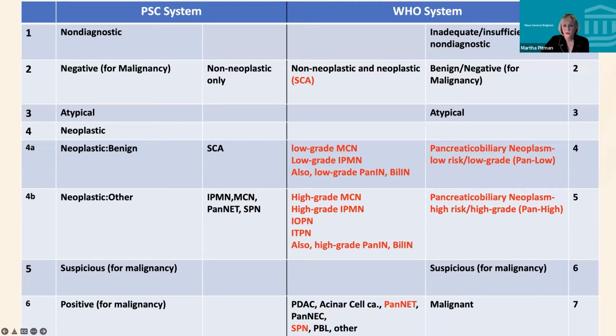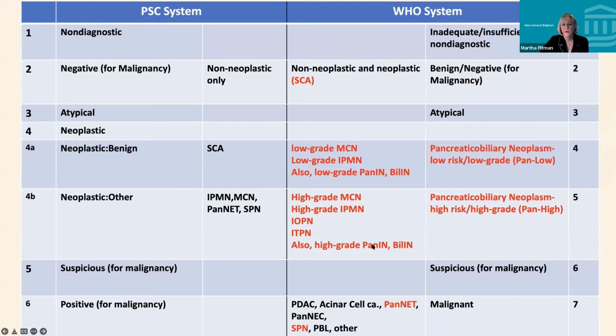And these two categories are dominated by your intraductal lesions. Low-grade spindle cell lesions can also be in the pan-low, and high-grade spindle cell can be in the pan-high if you were worried about a malignancy in that regard.